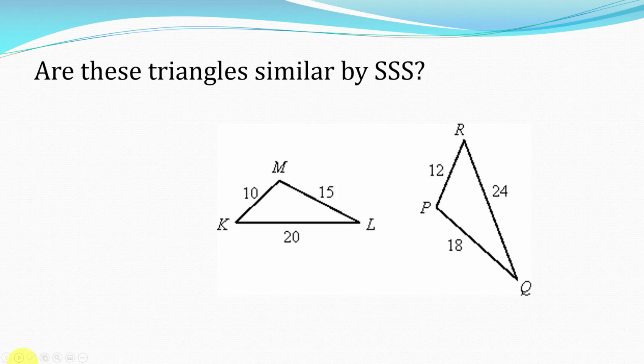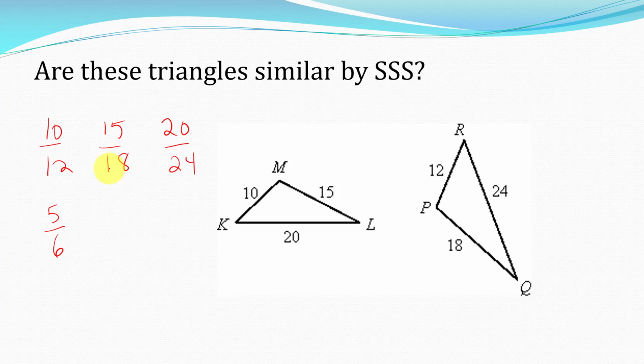Okay, let's check these out. I've got 10, 15, and 20. And that should equal 12, 18, and 24. These are pretty easy numbers to reduce. I could say 10 over 12 is 5 over 6.